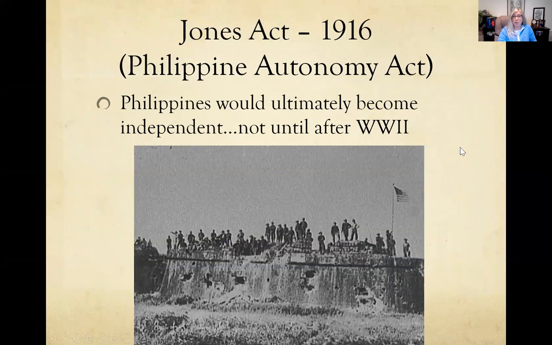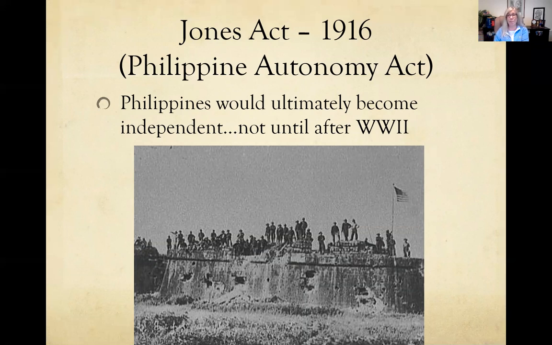1916, the Philippines are also going to be granted independence at some point in the future. It does not give a specific date at which the Philippines would be granted independence. And I want you to remember the timing of this, because when we get to the end of this particular chapter and we start talking about Woodrow Wilson's presidency and his approach to foreign policy, Wilson is president in 1916, which is going to play into why the Philippines would be promised independence.